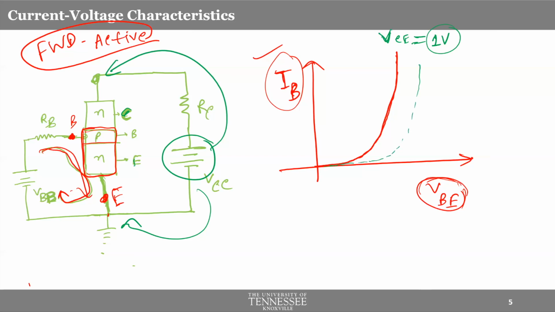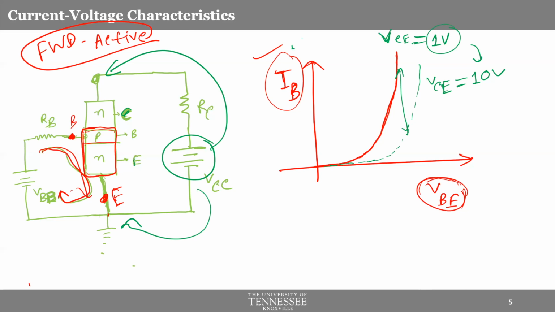Your current will actually reduce. Again, I'm taking some random numbers here just to demonstrate the point. Whenever you increase VCE, this current will reduce. You have much less current now than what you had before. Isn't that counterintuitive? You're increasing a voltage, but the current is reducing. No, it's not counterintuitive. Let's see why that might be the scenario.